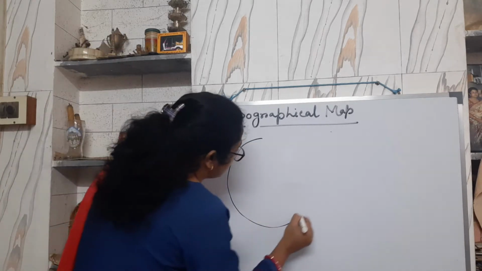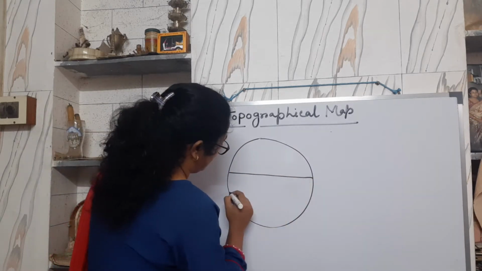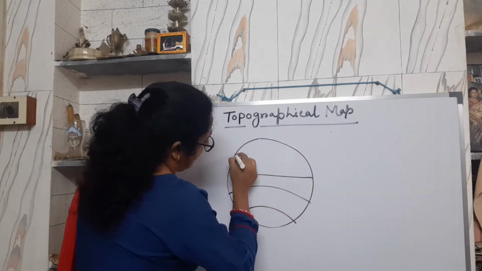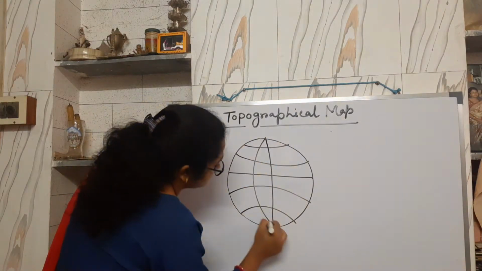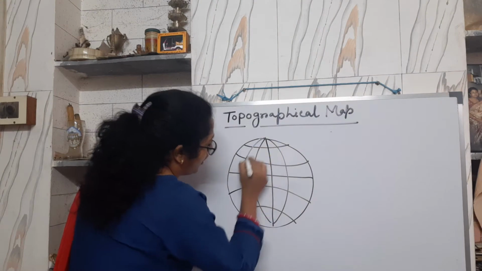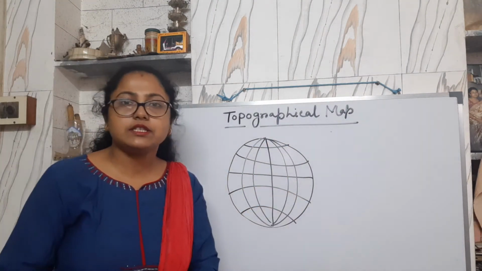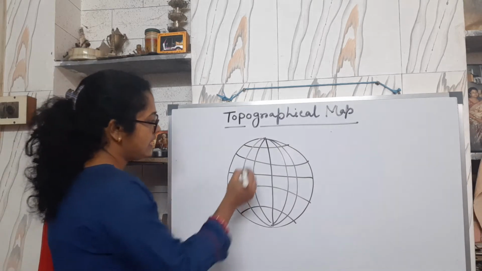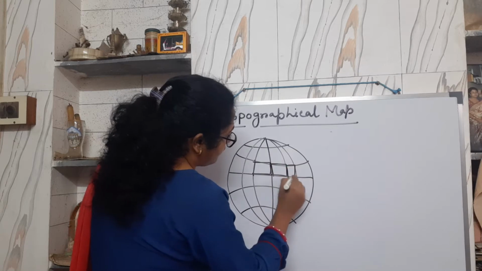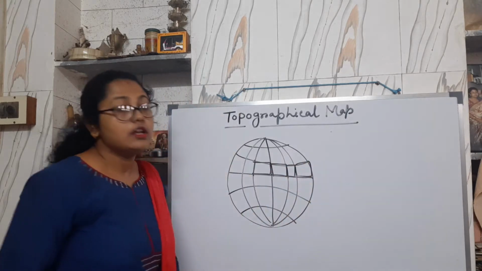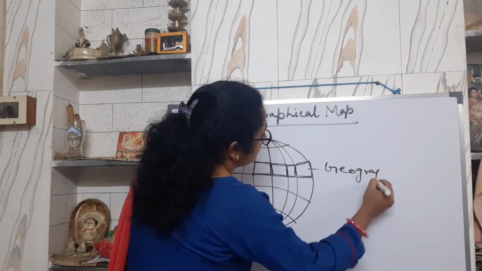If this one is the globe, in the globe there are many horizontal lines and many vertical lines. Horizontal and vertical lines intersect each other at right angle. So these are known as grids, or we can say these are known as the geographic grid. What is the need of the geographic grid?